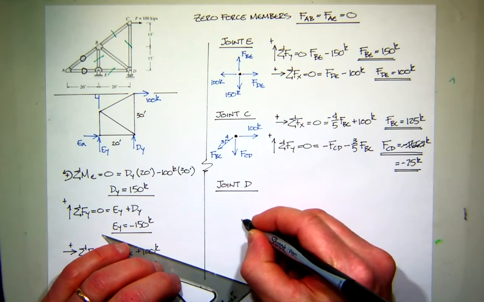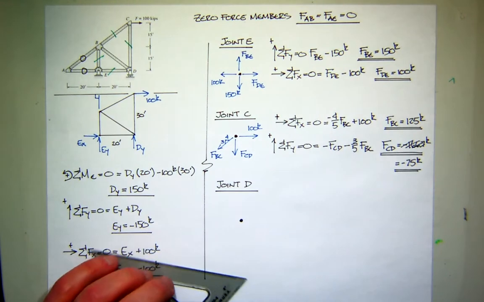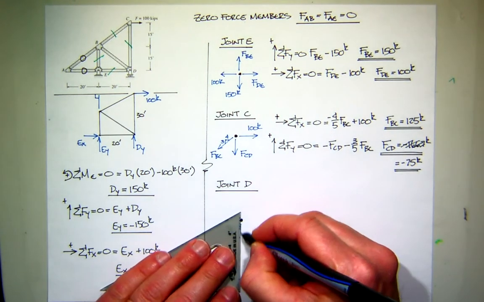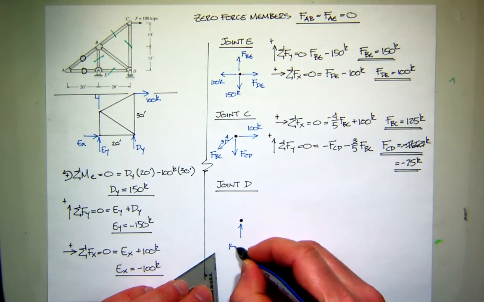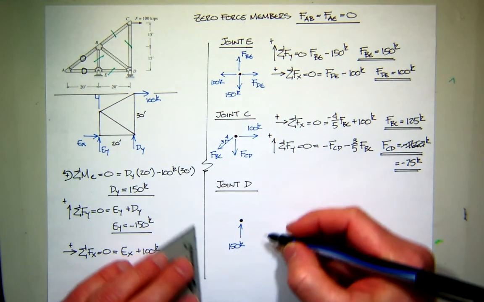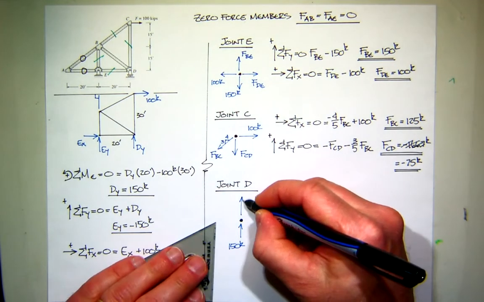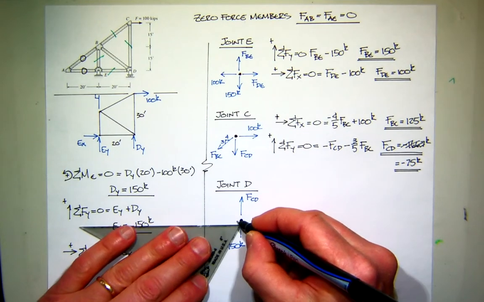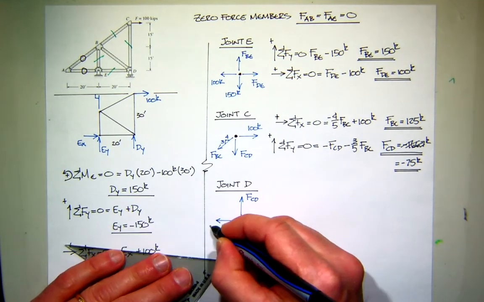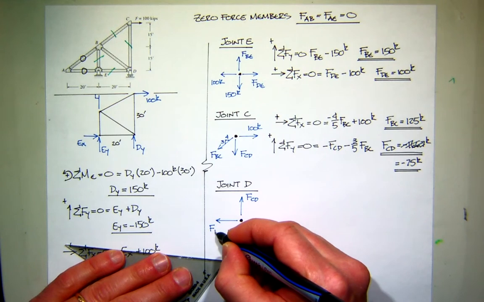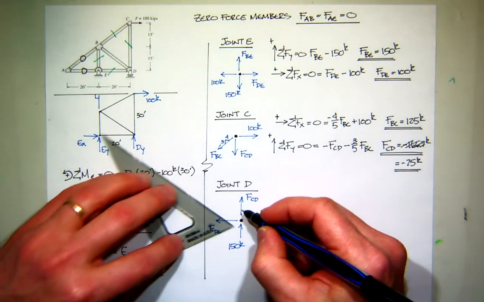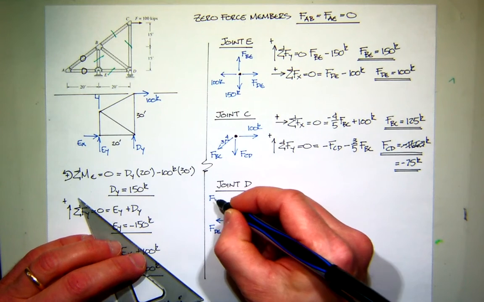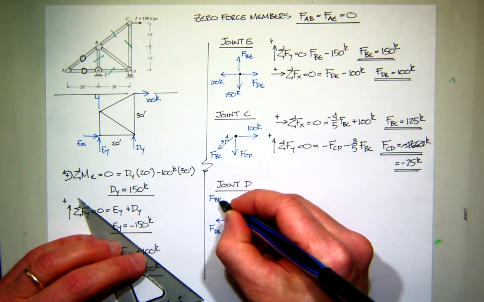So again, I'll draw my free body diagram of D. I'll put my dy force on it, which is acting up 150 kips. I have tension in CD, tension in DE, and then I've got this diagonal force, the one I'm looking for, which is BD.